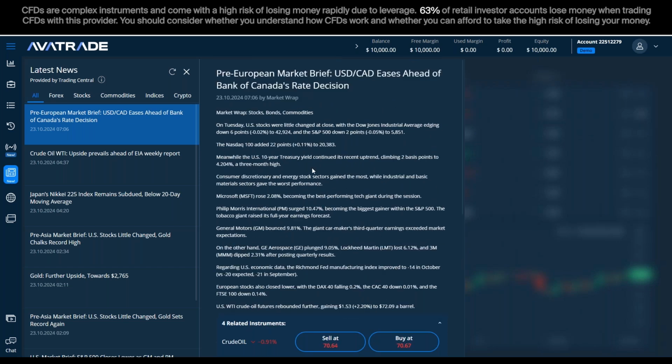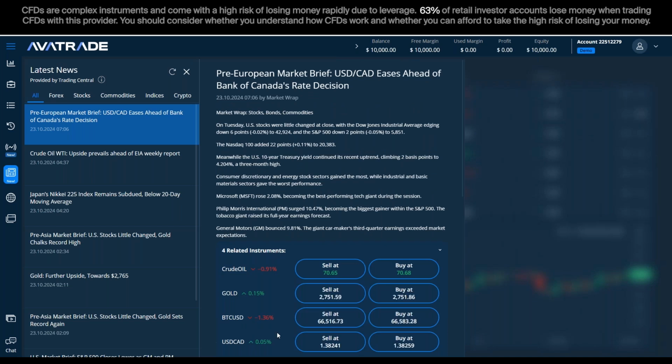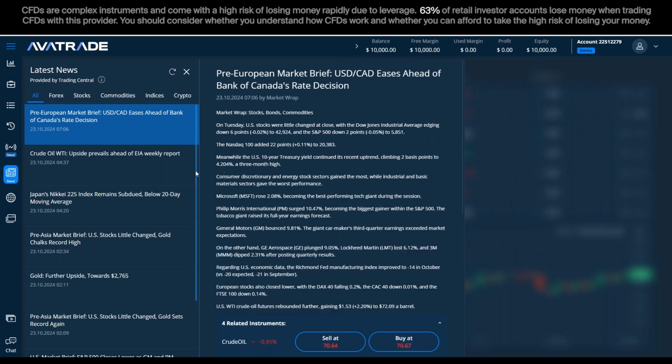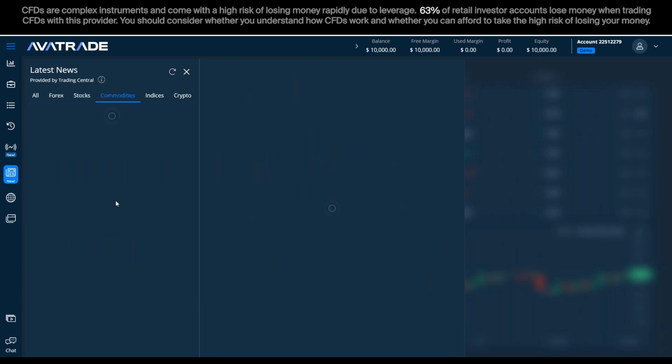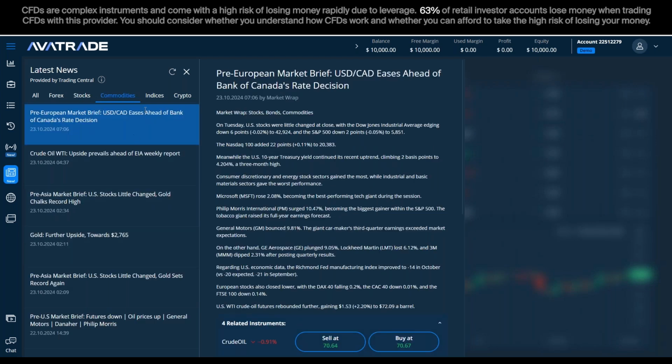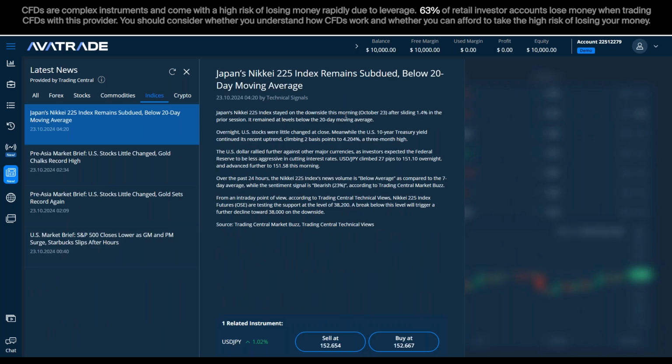Okay, this might hint that those instruments will fluctuate according to what we read here. And it's not only that, there are different categories here. Let's say I'm trading more stocks, or more specifically commodities or indices. Okay, and then I can just focus on one thing.